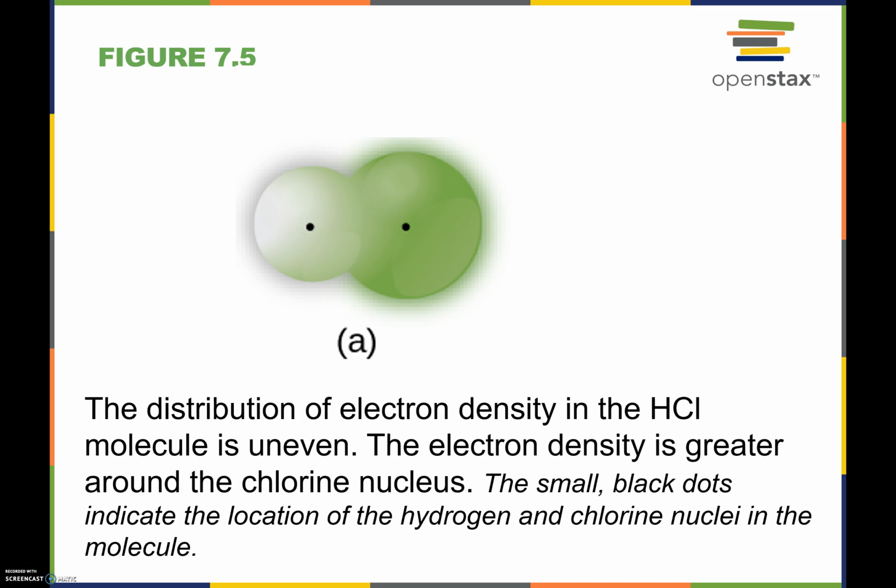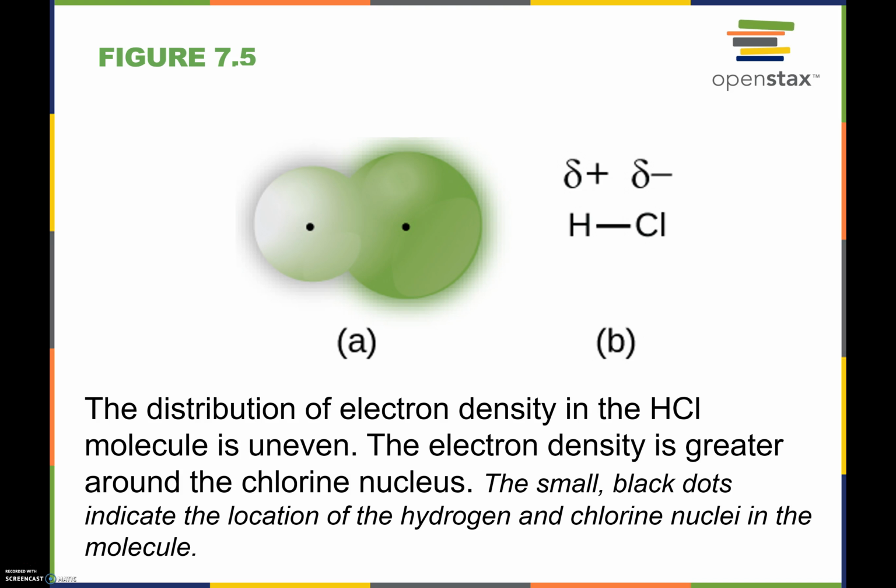We're looking at hydrogen and chlorine. Here you see the lowercase delta, which means partially. So partially negative and partially positive. Anytime you see an S with an extra little tail, that's a lowercase Greek delta.